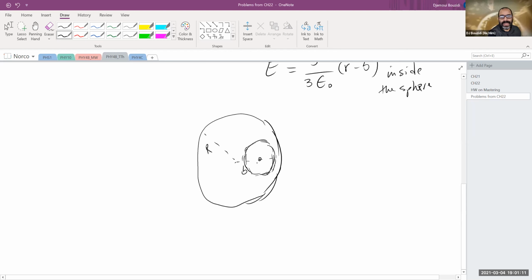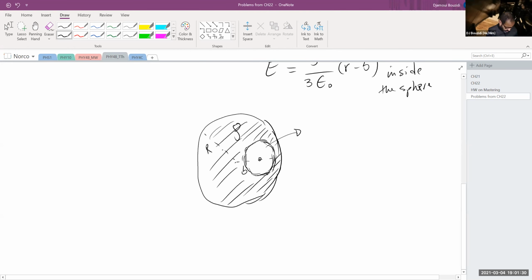Furthermore, B is less than R, which puts it right in this direction, okay? So this is our little hole. So there is nothing in there. So this is a hole, nothing in it. So the charge is here. Okay, so there is a rho charge in here per unit volume, okay? They tell you that condition in here. So this radius is A, by the way, where A is less than B, which is less than big R. So that this geometry is clear now, okay?